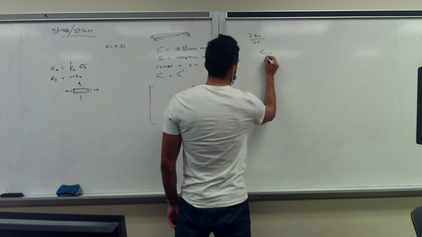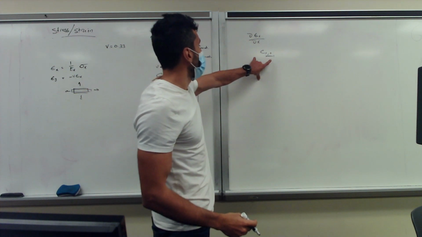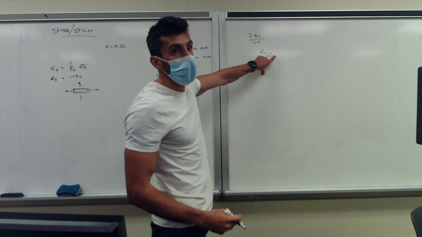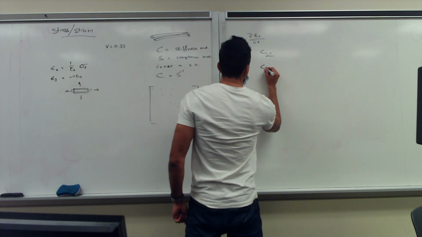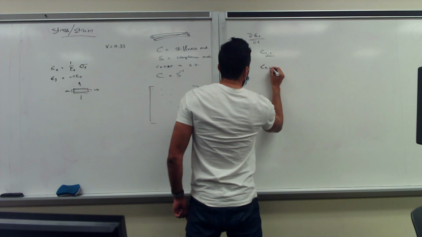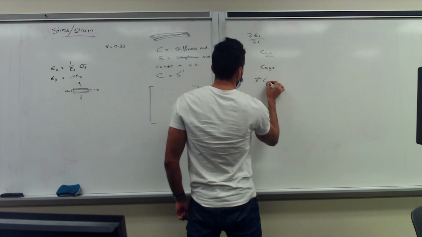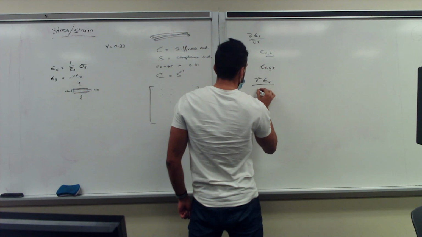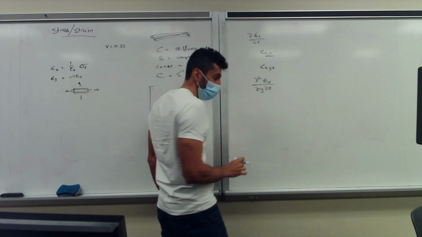The comma here, x, tells you you're taking a partial derivative with respect to a given variable. So it's x comma y z.